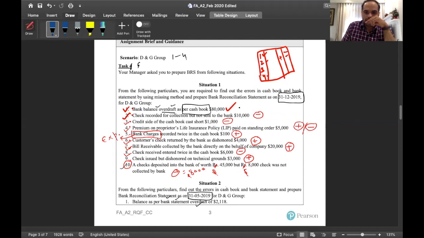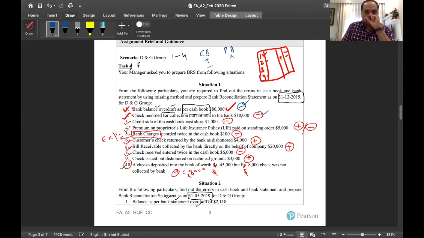Of course, that's the negative column of your bank reconciliation statement, right? Second transaction, check recorded for collection but not sent to bank, right? So in my cash accounts, so cash book and passbook, no changes here, so we minus.